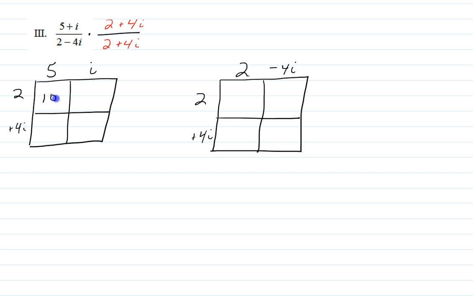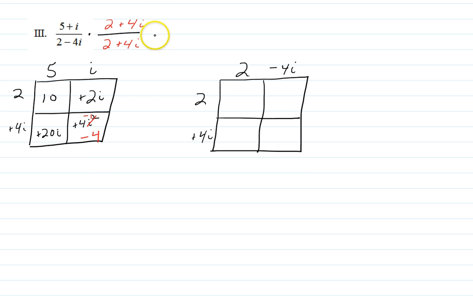Alright, so over here I get 10 plus 2i plus 20i plus 4i squared. Remember that i squared is going to become negative 1, and so 4 times negative 1 is going to be negative 4.